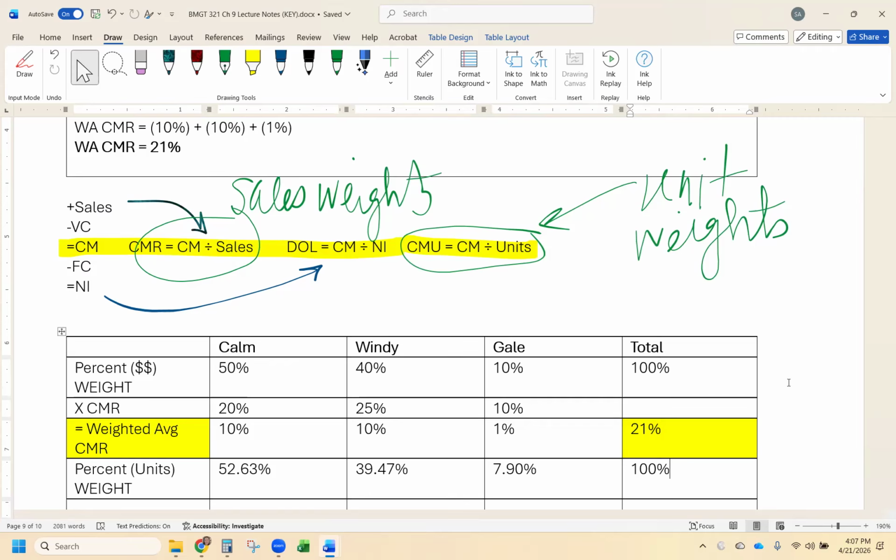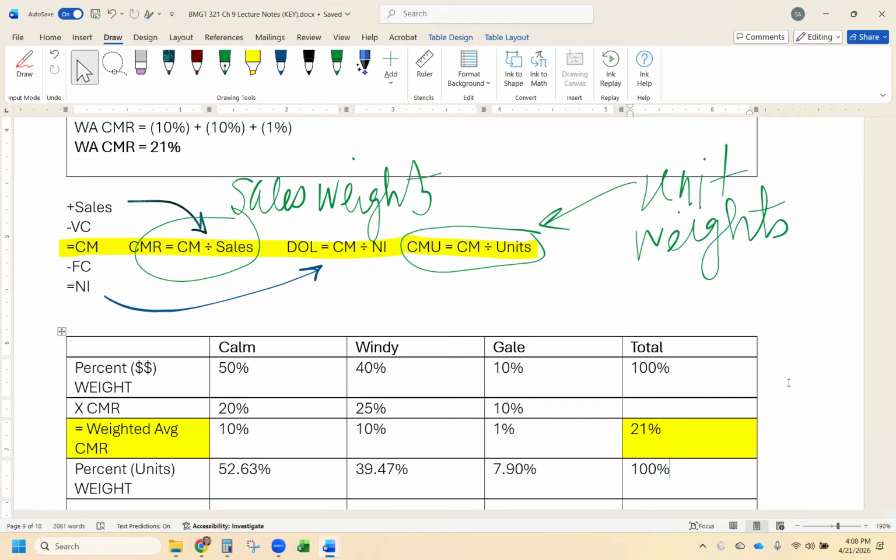So if the book says use these weights for these calculations, which makes logical sense, it's fine. But because it's an estimate, it's not necessarily right or wrong to use sales weights for both or unit weights for both, especially in this situation where they're so similar. 50 to 52, 40 to 39, 10 to 8.